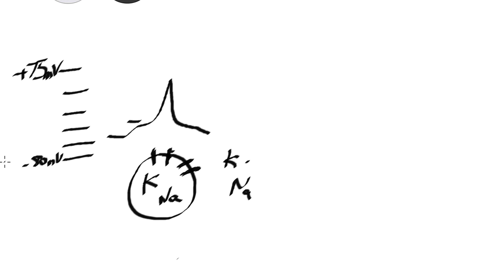So this negative 80 millivolts is roughly where potassium likes to live. And then your positive is where sodium likes to live. So think about it this way. As these leak channels are just self-regulating and these other voltage-gated and ligand-gated channels and whatnot, receptors are letting potassium and sodium in and out.